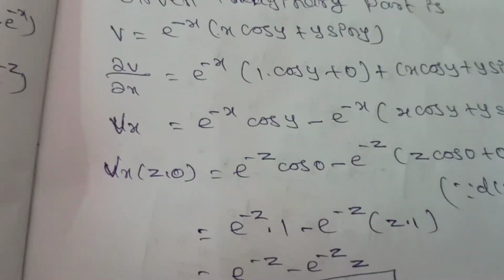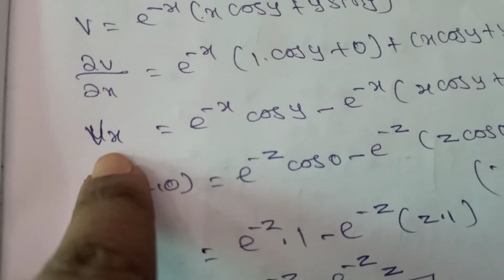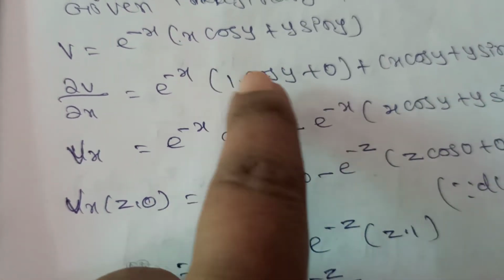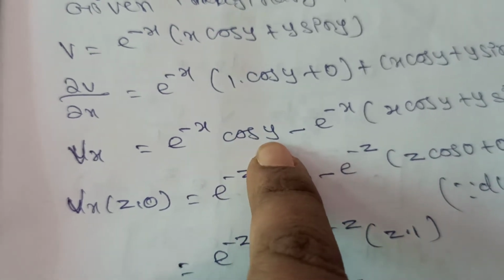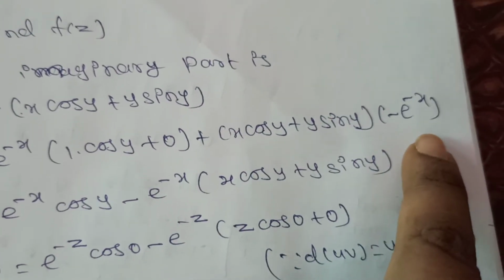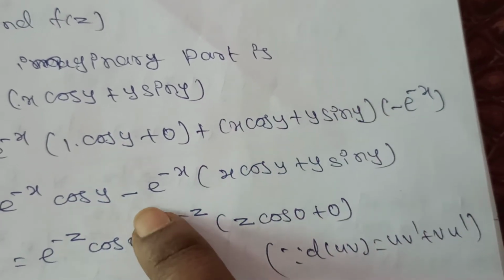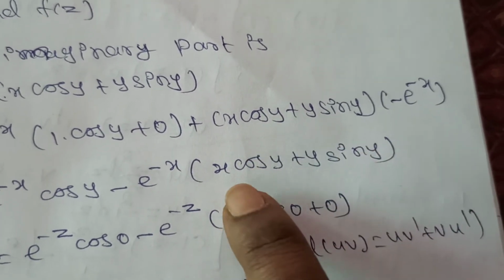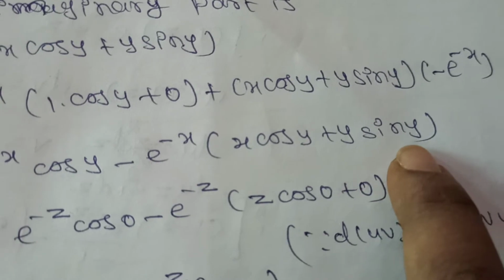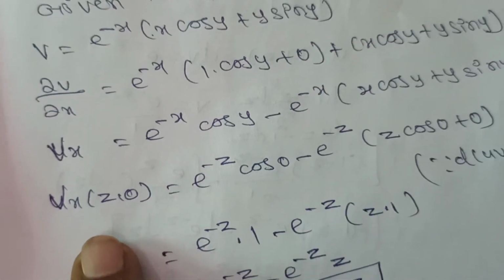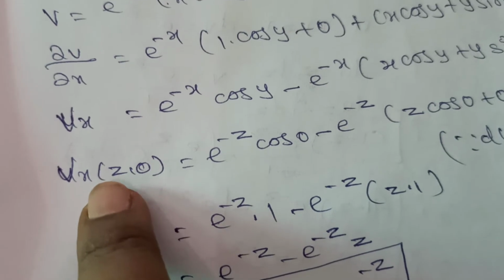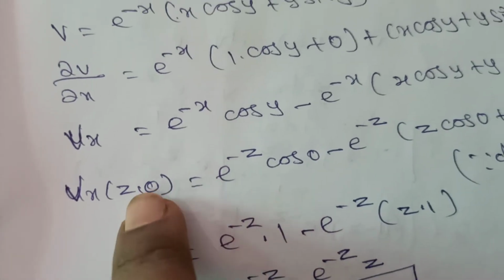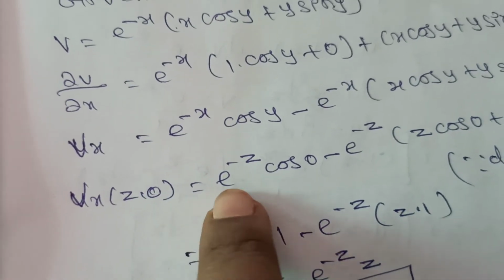Next, dou v by dou x can be written as v x, which is equal to e power of minus x into cos y, minus e power of minus x into (x cos y plus y sin y). Next step, apply the point x and y, that is, v x of z comma 0, by the Milne-Thomson method.